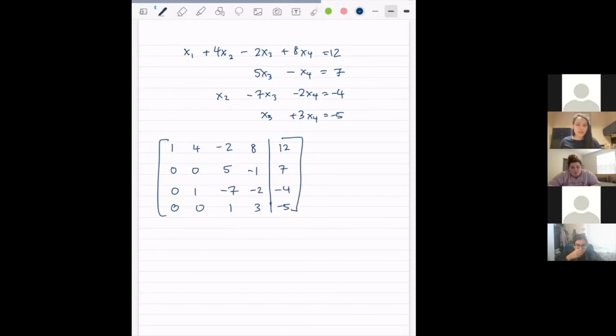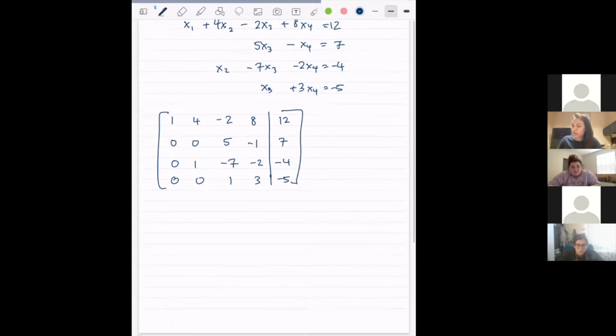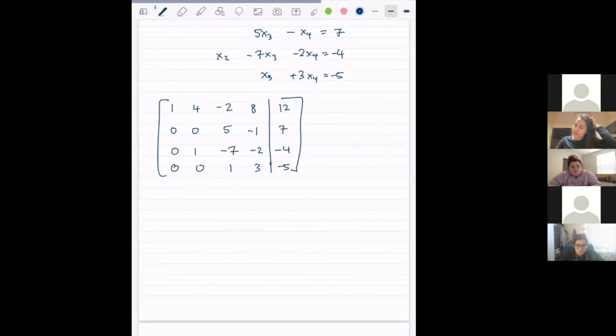Okay, so hopefully you got this far, right? The first thing we want to do is swap these two rows. The reason we're doing that is because this leftmost entry, we want to put it as high as possible. Actually today we're going to go through an algorithm for doing this.